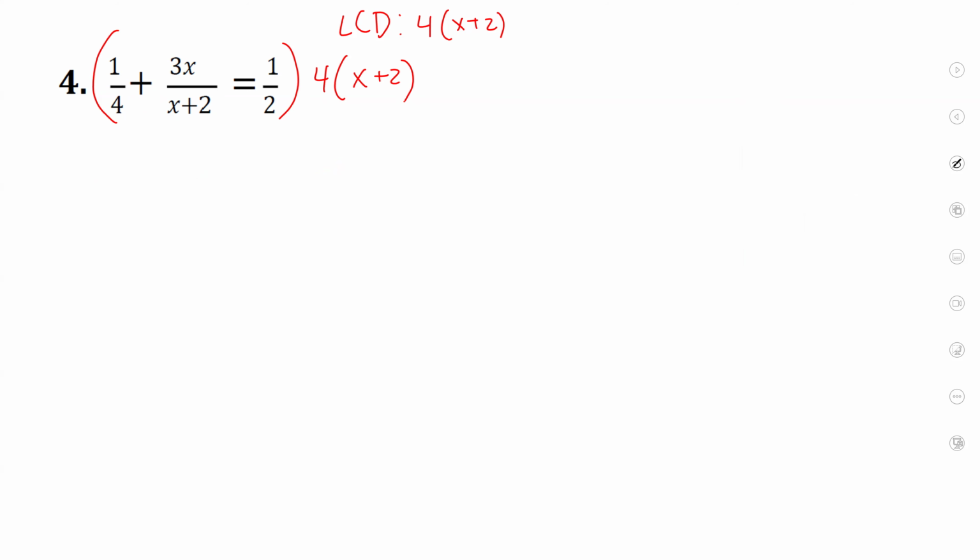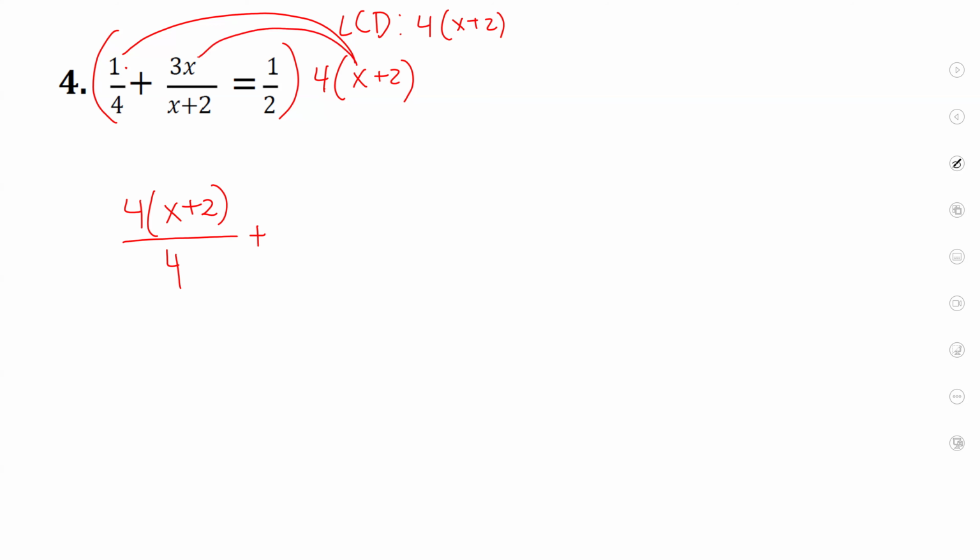Now we're just going to multiply in. What is all of this times 1? Well, what's 1 times 4? It's still just 4. And then you have the x plus 2, and it's over 4. Let's do the next one.